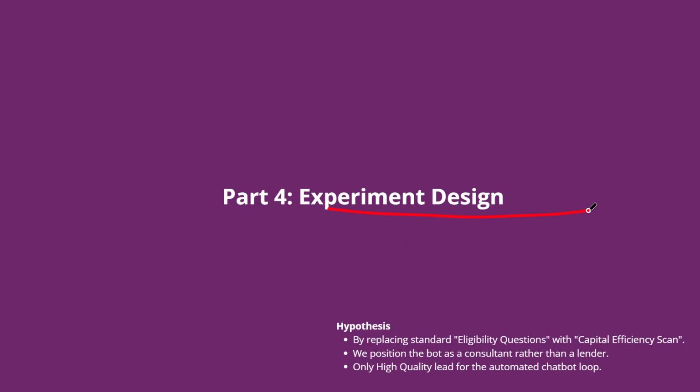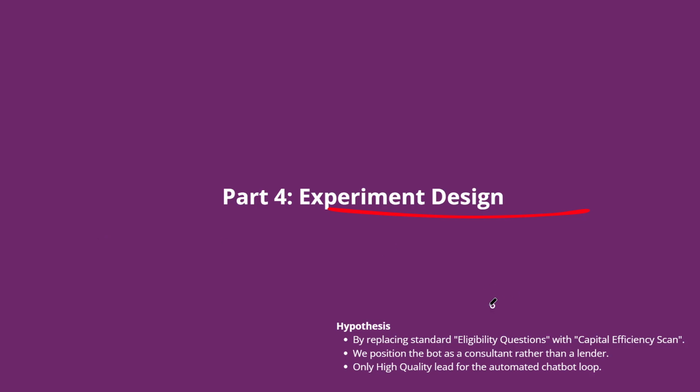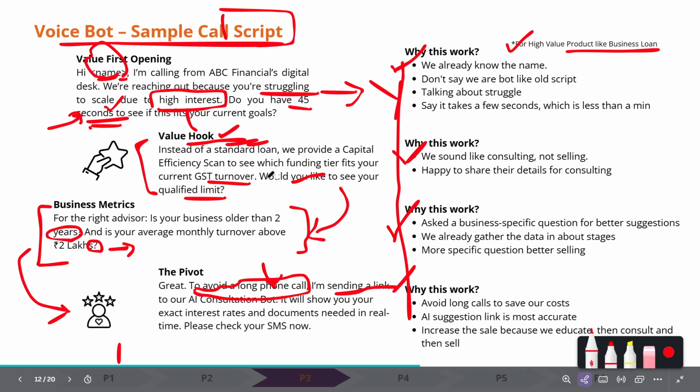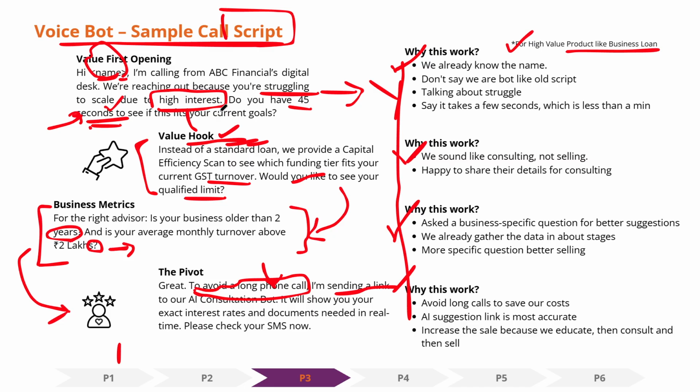After that, the experiment design. A few hypotheses: replacing the eligibility question with the capital efficiency scan. If you notice here, we are not asking the eligibility question, whether they are eligible or not. We ask, are you struggling from the high interest?